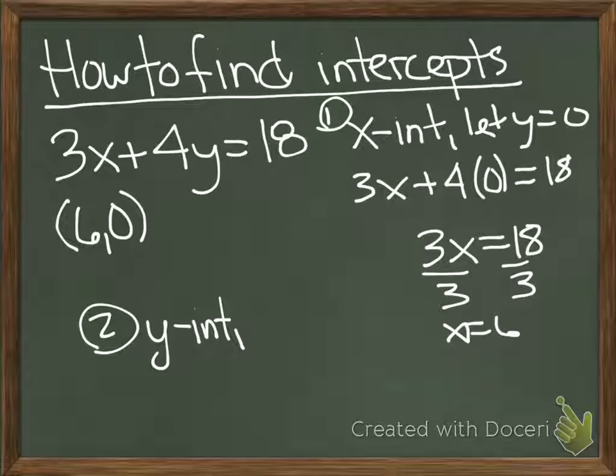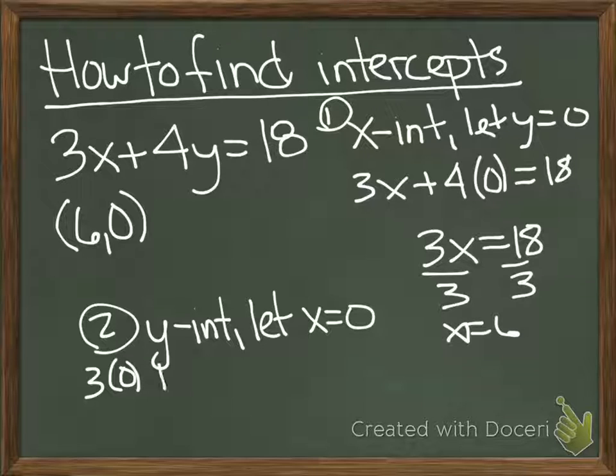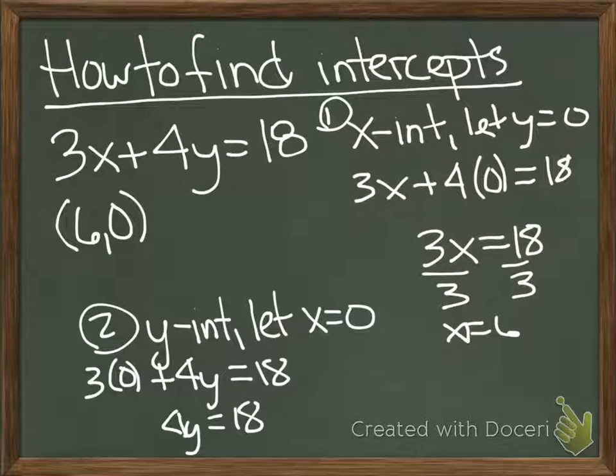And for the y-intercept, I'm going to let x be 0. So again, 3 times 0 is 0, plus 4y would still be 4y, divide by 4.